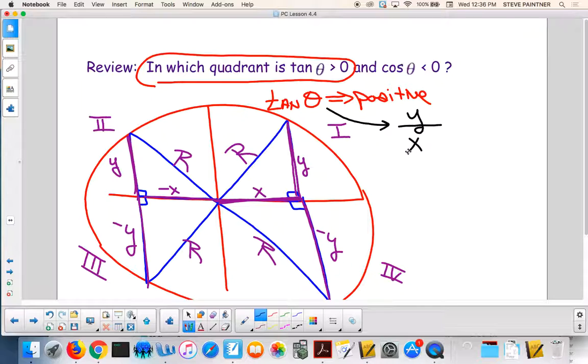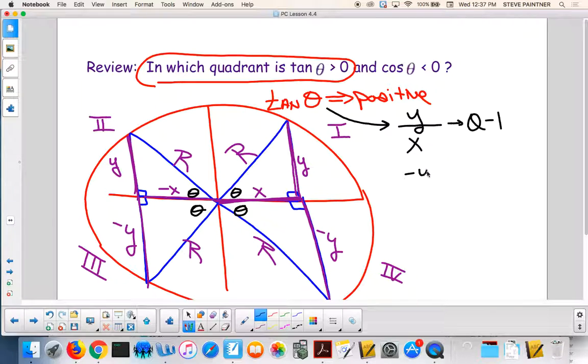Looking at the 4 triangles, remember theta's right here, which triangle gives you positive y over positive x? Okay, quadrant what? For sure quadrant 1, right? Because look, quadrant 1 says y over x, tangent's positive.